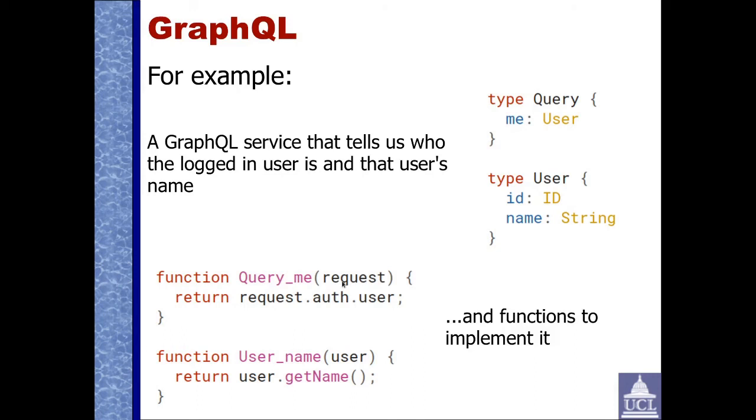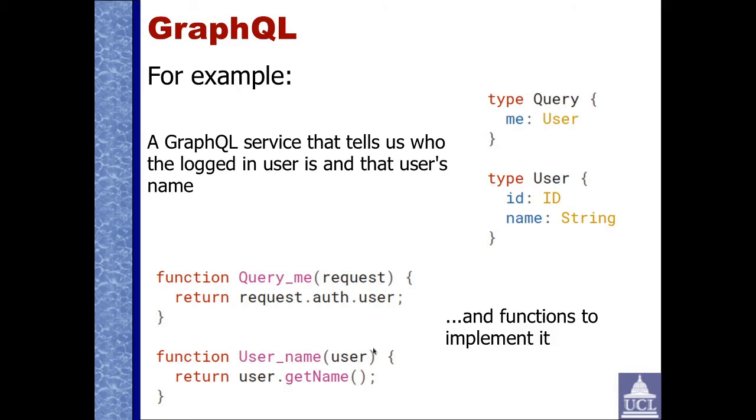It takes a request and it returns request.auth.user. So this is something that is in this request object. Auth means authorization, and this is the user object which we can look at. Now, we also have a function called user_name, so that comes from here, user and name.